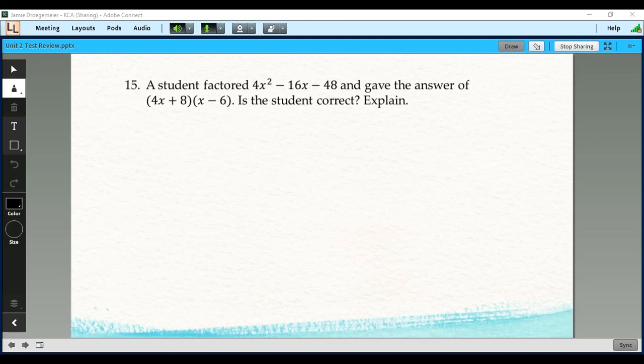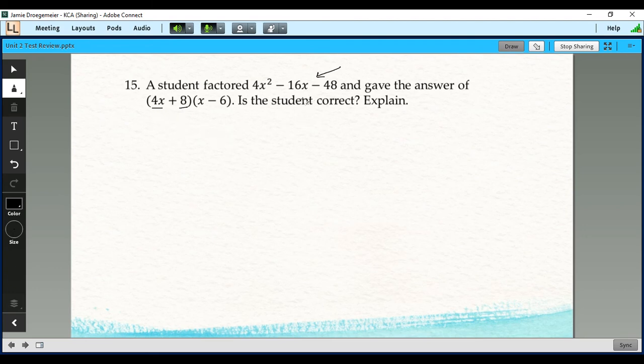So if you multiply those two binomials together, the 4x plus 8 times the x minus 6, you would see that you do actually get 4x squared minus 16x minus 48. So on the surface, it looks like the student has factored it correctly. But notice that 4x and 8, they have a greatest common factor of 4. So I can actually factor this further.